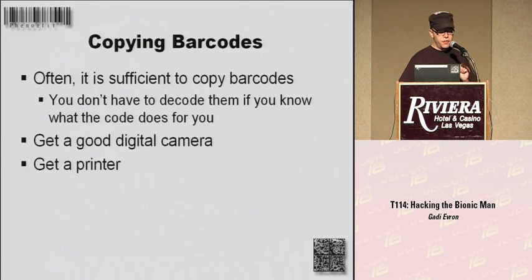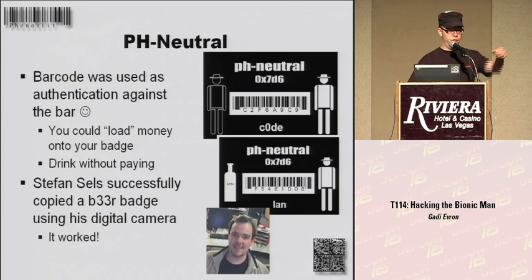So the easiest hack, in quotes, with barcodes is in most cases actually just copying them. If the barcode already transports the information that you want, get a good camera or get a printer, make a picture, print it out, have a copy of the barcode, and use that one as well.